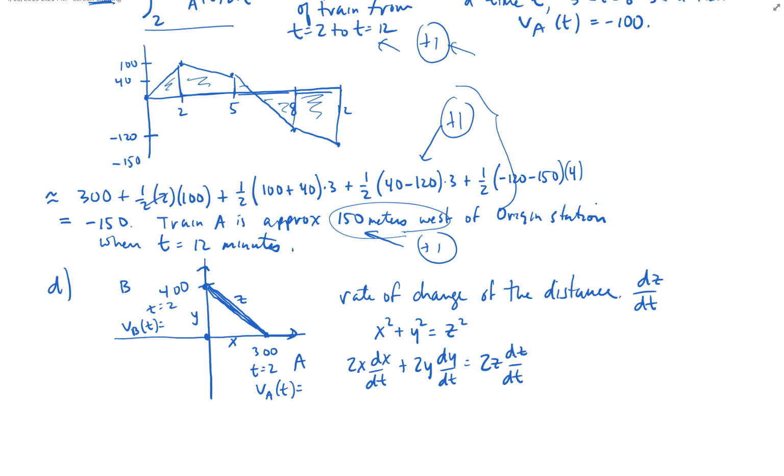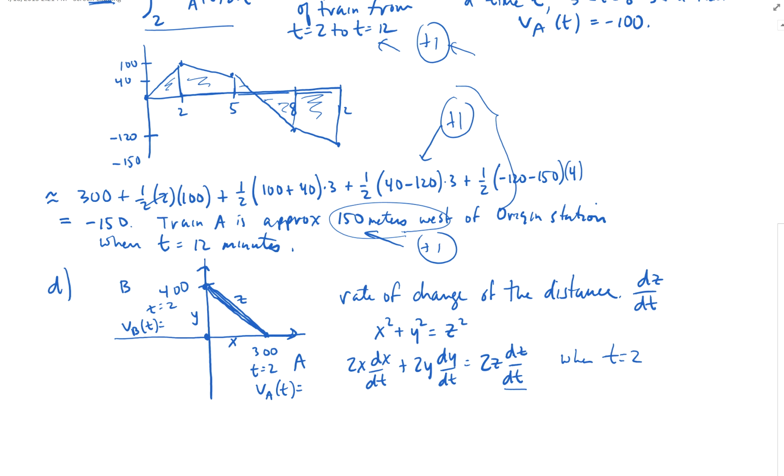And now I've got to try to figure out, this is what we're looking for. Do you know everything else? When t is 2, do you know what x is? Yeah, it's 300. Do you know what y is? Yeah, it's 400. Do you know what z is? Well, isn't that the 3, 4, 5 triangle? That's 500. If you don't know, you use the Pythagorean theorem.